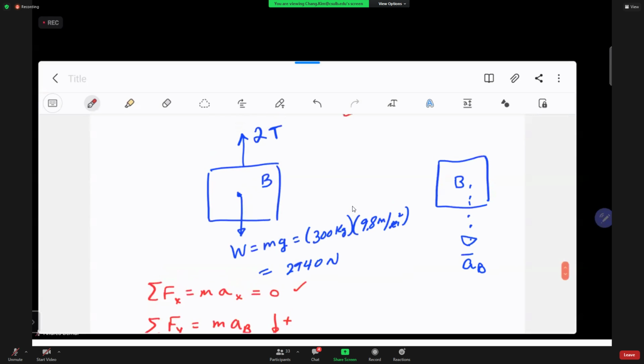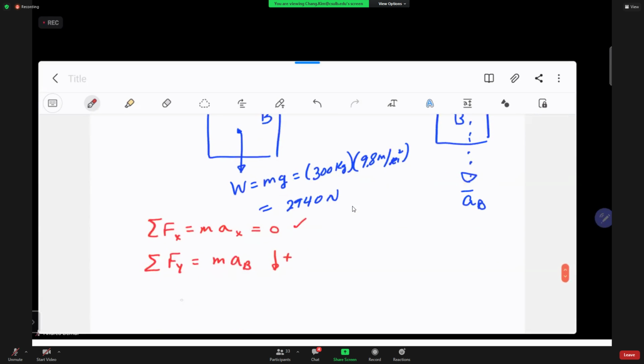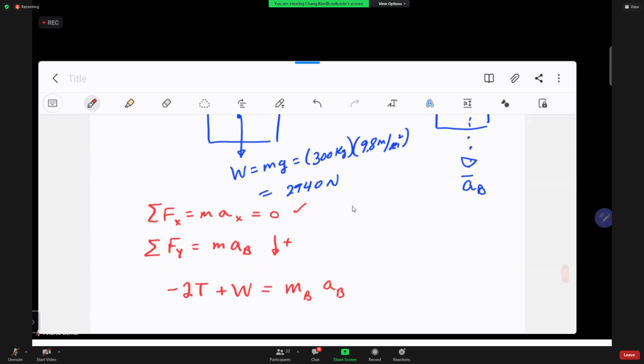So in this case, 2T is in the negative direction, plus weight is acting, and there is no other forces, and this mass of B will move downward, or in the same direction as the weight is applied.